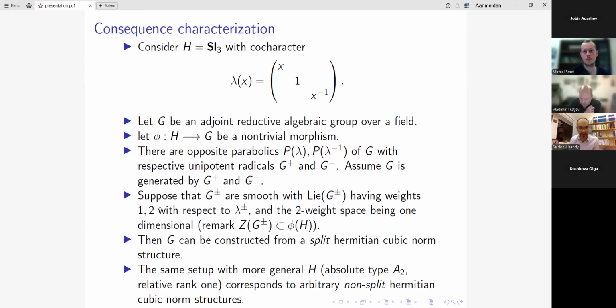I assume these points are not in the SO3 case only, but in general. My question basically is if you have looked at how often these groups are smooth, if you can say something about when smoothness happens.